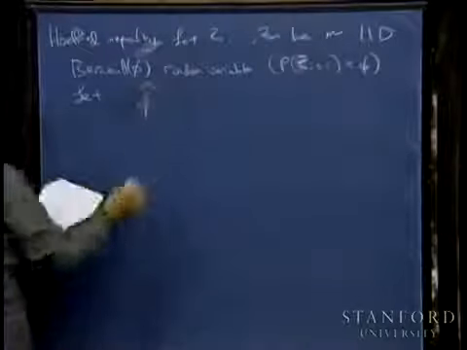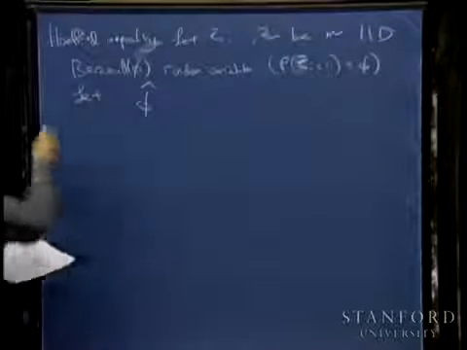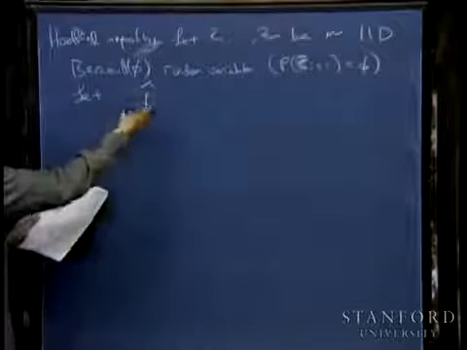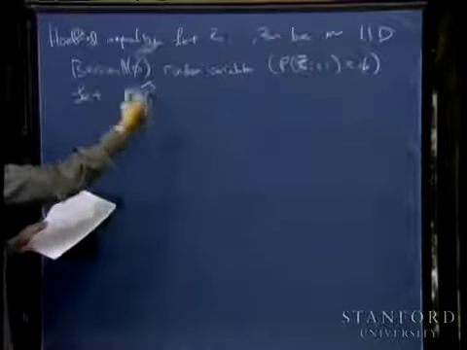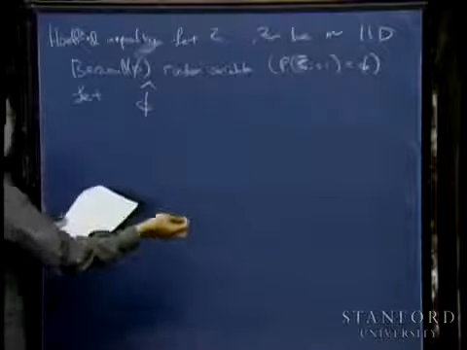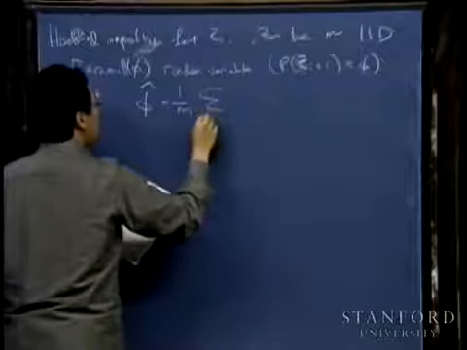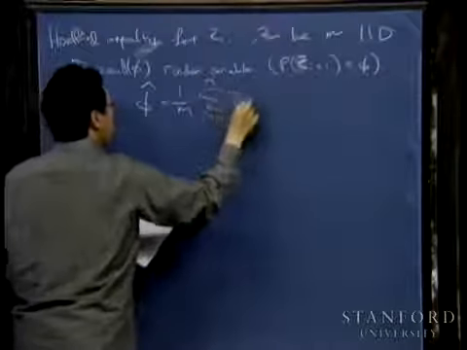So let's say you observe m IID Bernoulli random variables and you want to estimate their mean. Let me define phi hat, and this is again that notation convention, phi hat is our estimator. Let me define phi hat to be 1 over m, sum from i equals 1 through m of Zi.